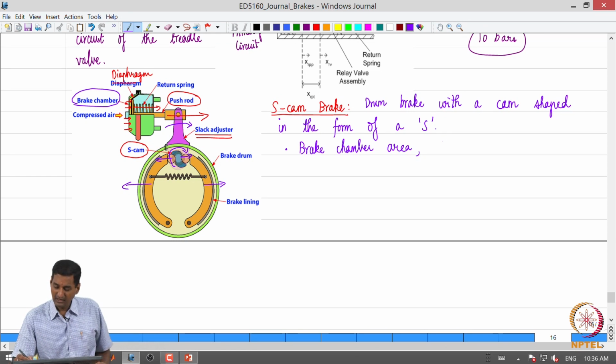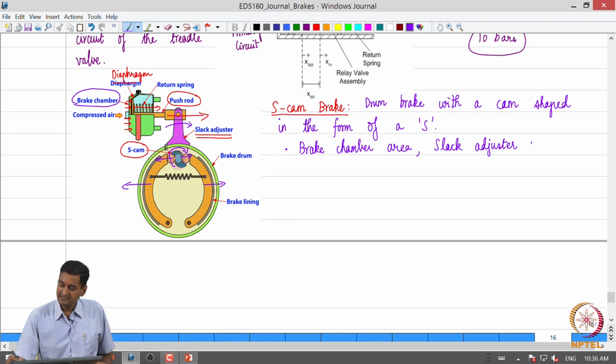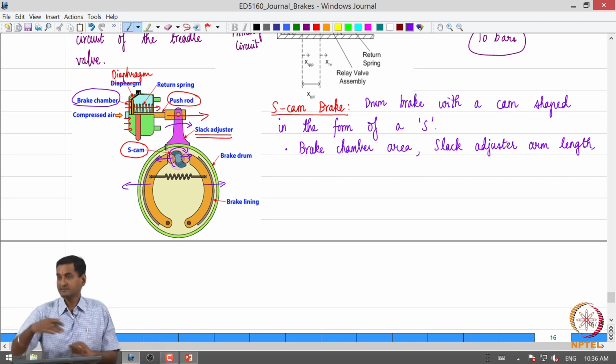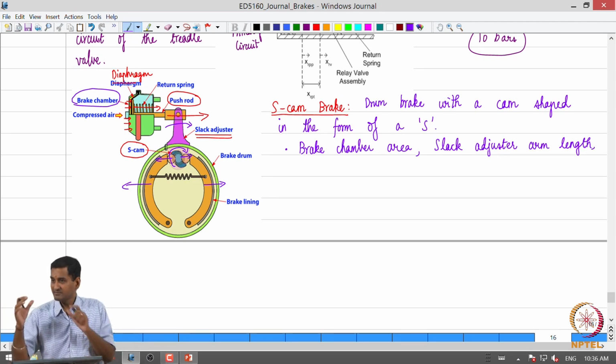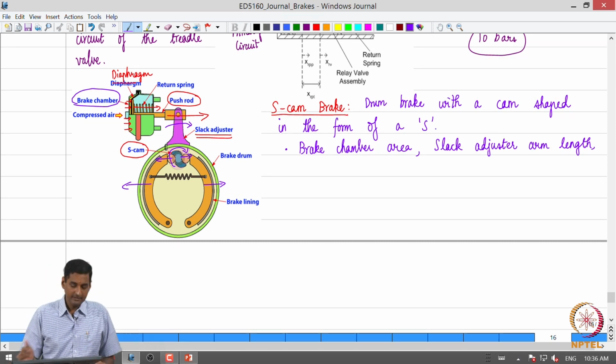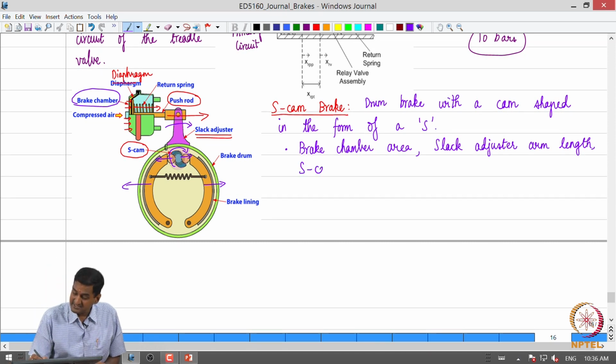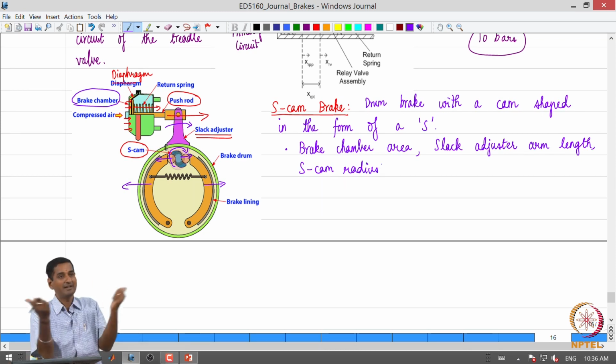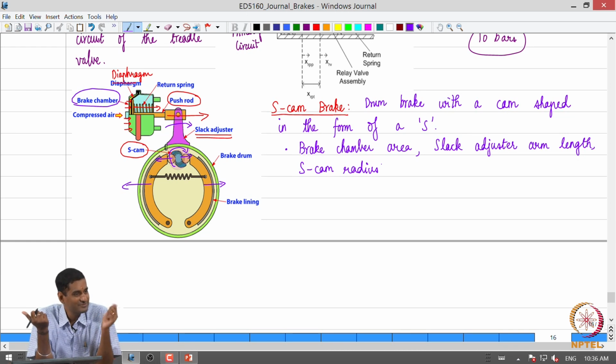Brake chamber area is one, the slack adjuster arm length is another, because that helps us in figuring out what is the torque that we get for a given push rod force output, right. And the S-cam radius, because the S-cam radius dictates what will be the force on the brake shoe, the actuation force for a given torque, right. Torque divided by the S-cam radius will give me the actuation force.